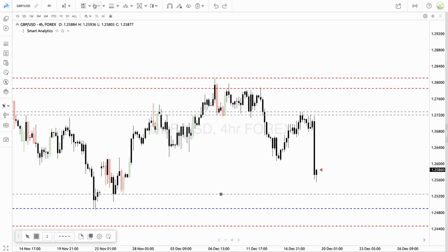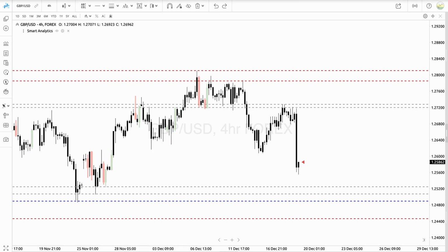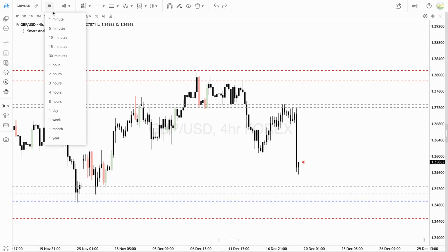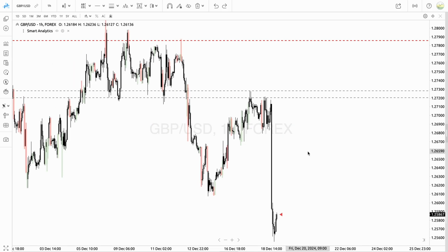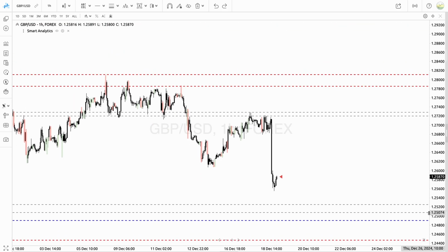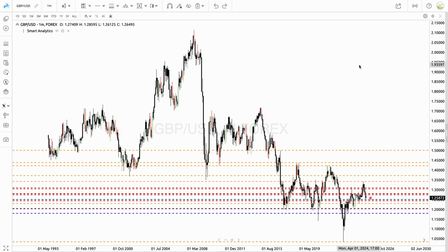So I believe I have done all of my levels. And so what I'm going to do now is go down just one more in the time frame because, actually no, I'm going to go with my fib and then I'll show you guys why I'm going down to the lower time frame.